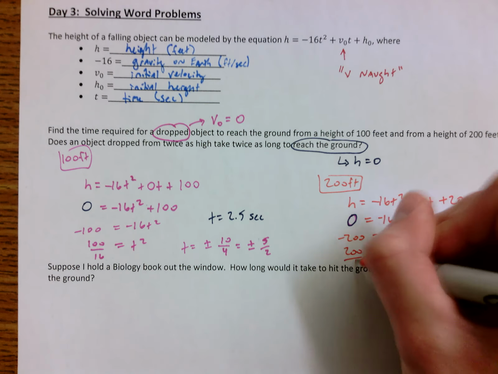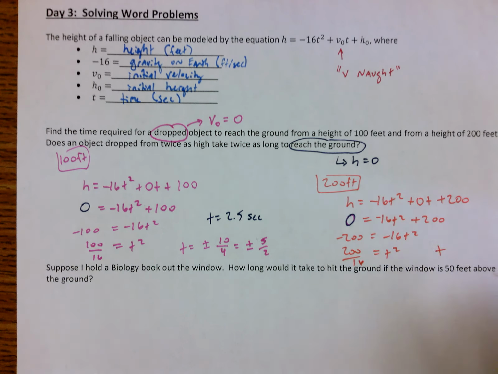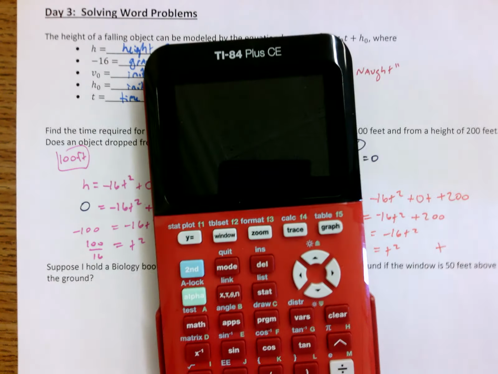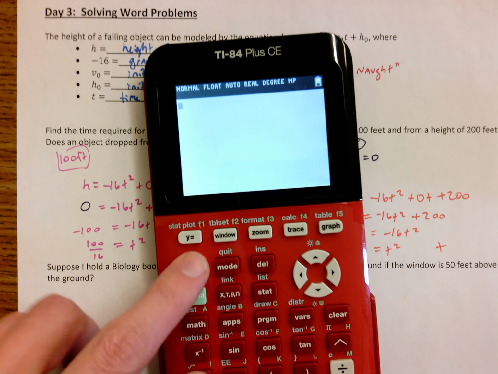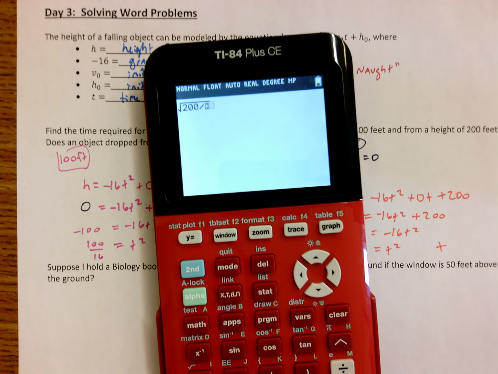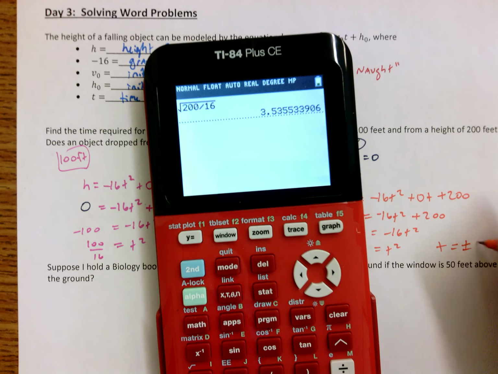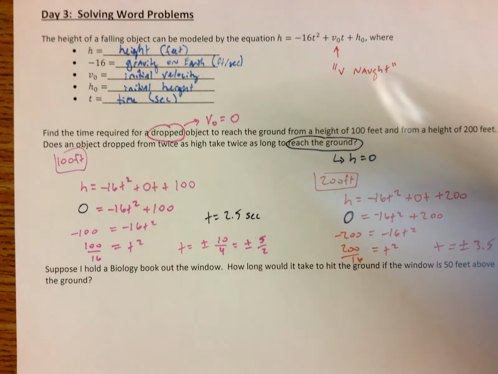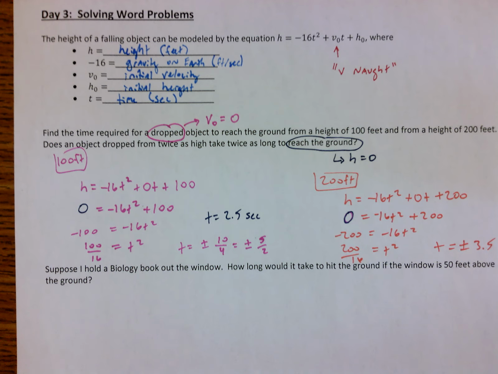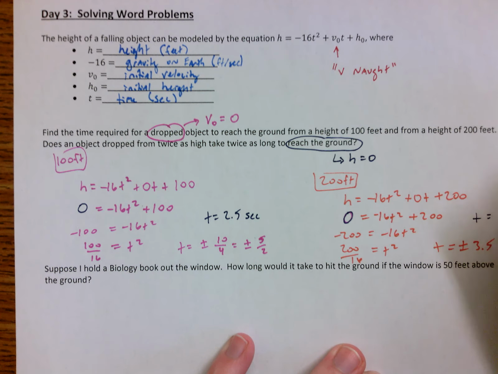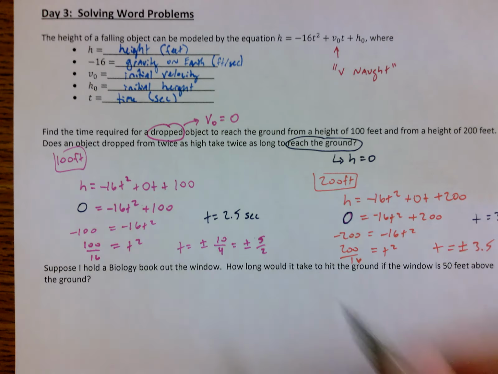So I might as well leave it as 200 over 16, because I know that I'm going to use my calculator to figure out a decimal anyway. So that's going to work out to about 3.5. Again, it's positive or negative 3.5. Get into the habit of making sure you have that. But then for our final answer, we're going to disregard the negative and say that that's 3.5 seconds.